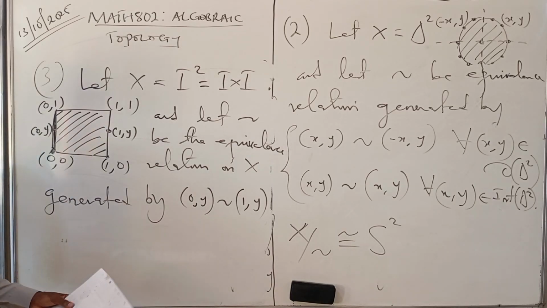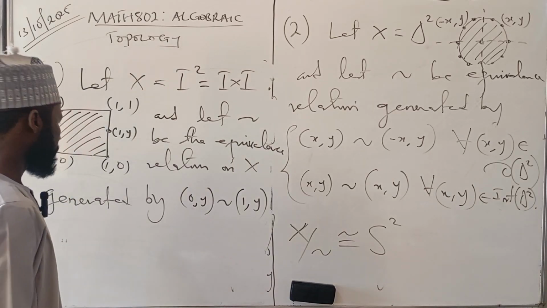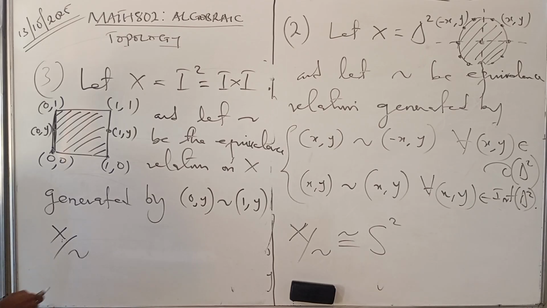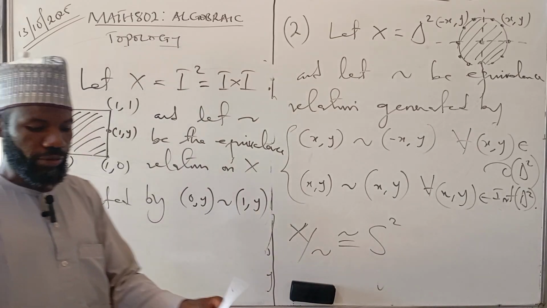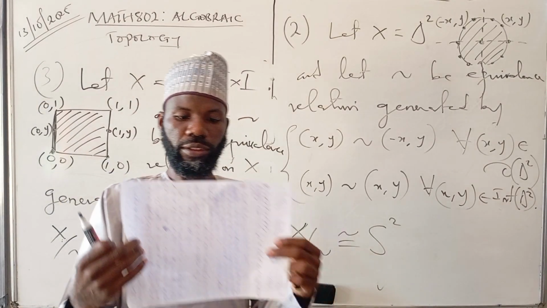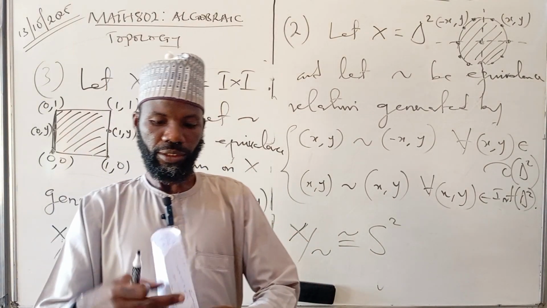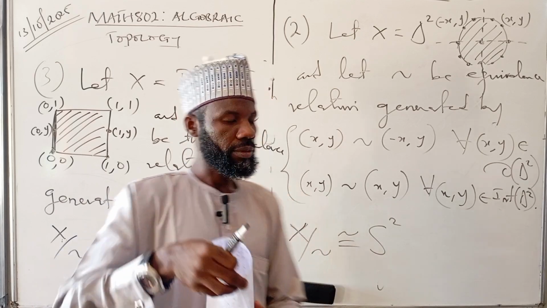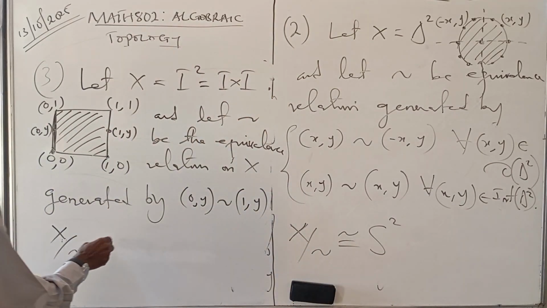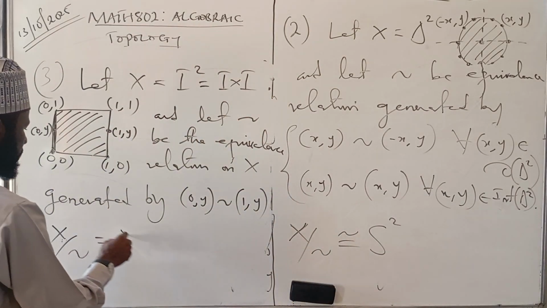Are you following? So this quotient space is like you have this, and then you identify the edges. So it will be a cylinder now.